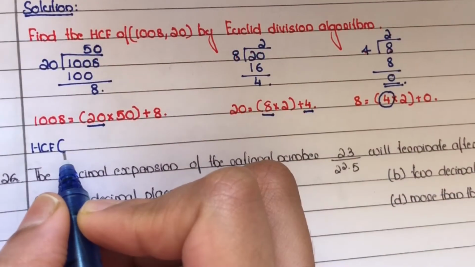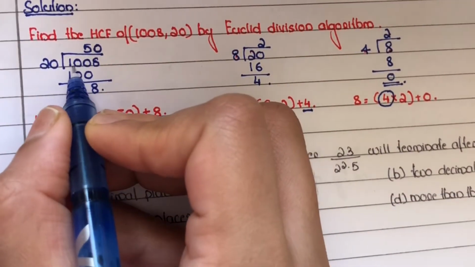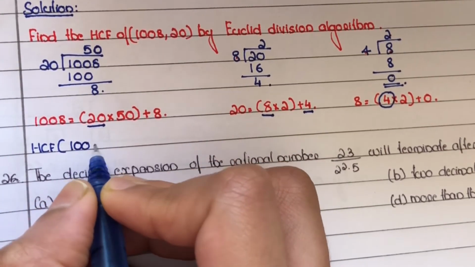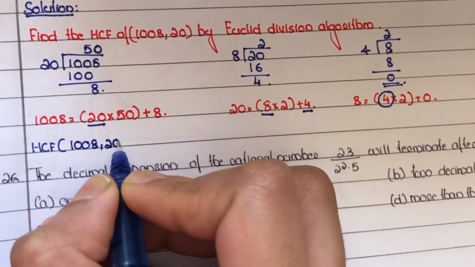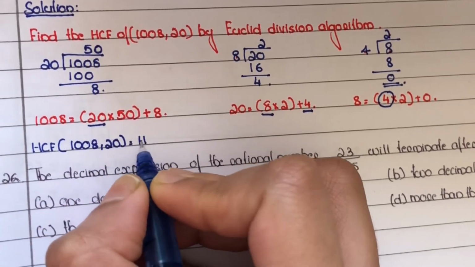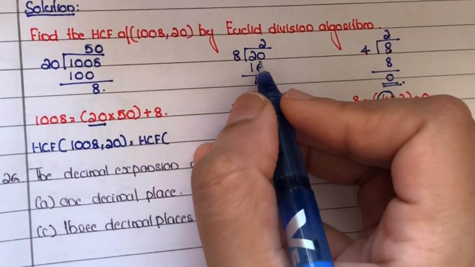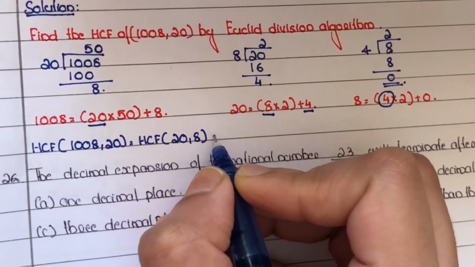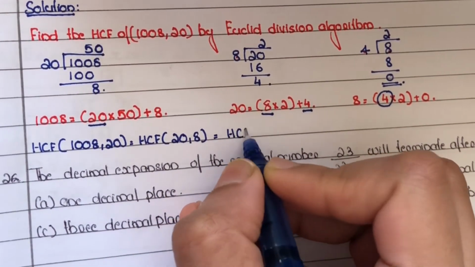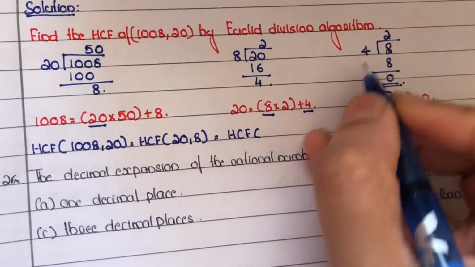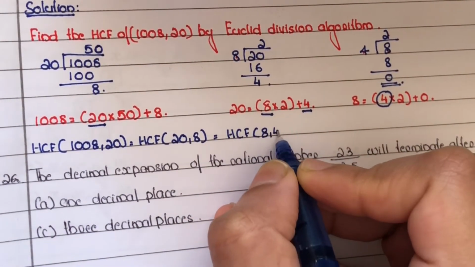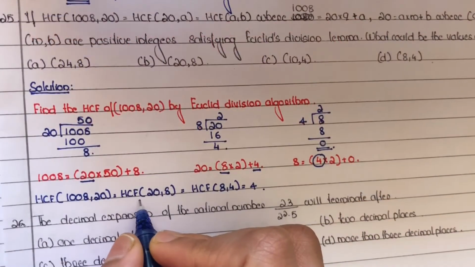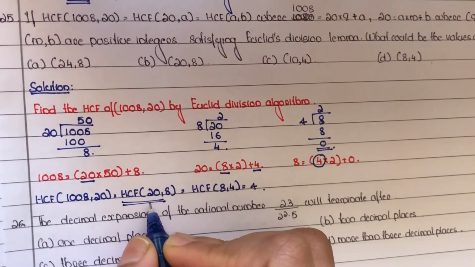That is HCF of 1008, 20 equal to HCF of 20, 8 equal to HCF of 8, 4 equal to 4. Now compare this with our question.